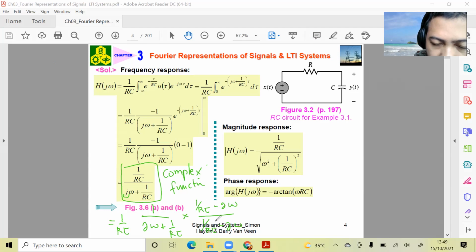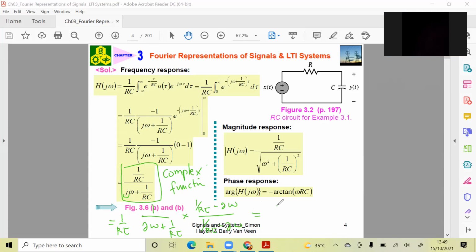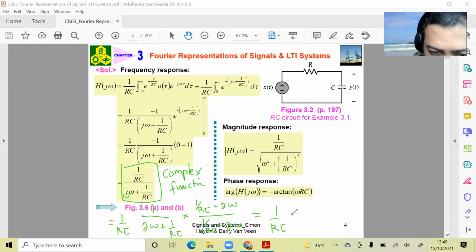And have you ever heard about rationalization? Yes, sir, I've heard. Okay, RC and then RC minus jω.